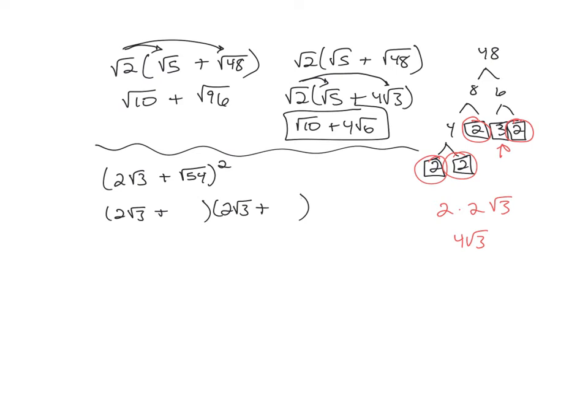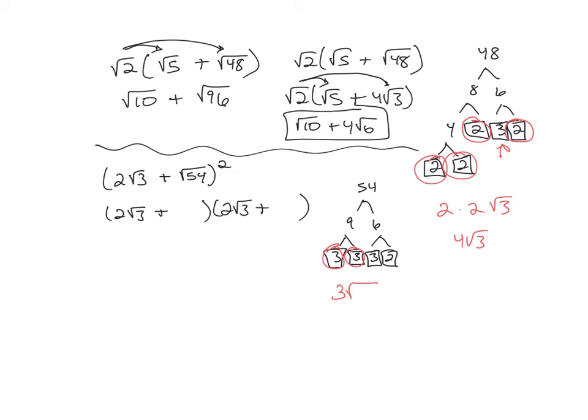So 54, you can actually break it apart to be 9 times 6, and then if you broke it down all the way, okay, pair of 3s, so I write a 3.